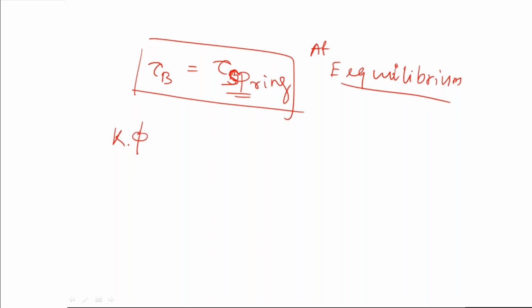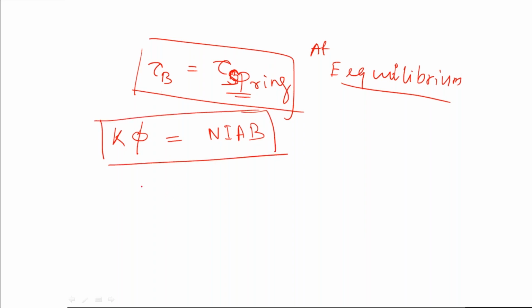You might have learned what torsion is. And this is N I A B, where M is N I A and this is B. So this is the equation I have got for the galvanometer.